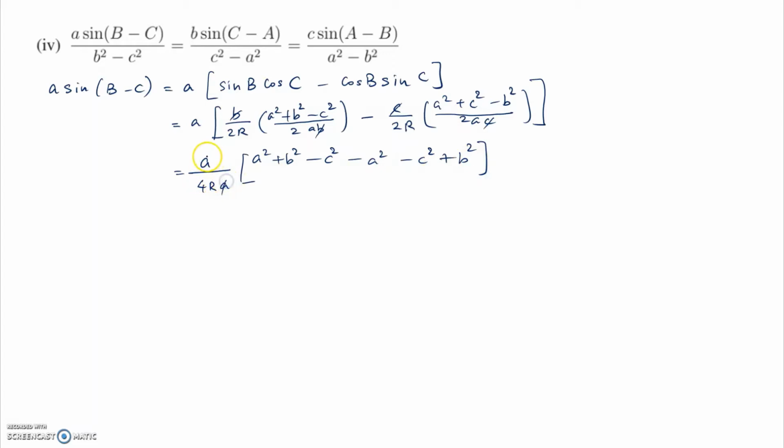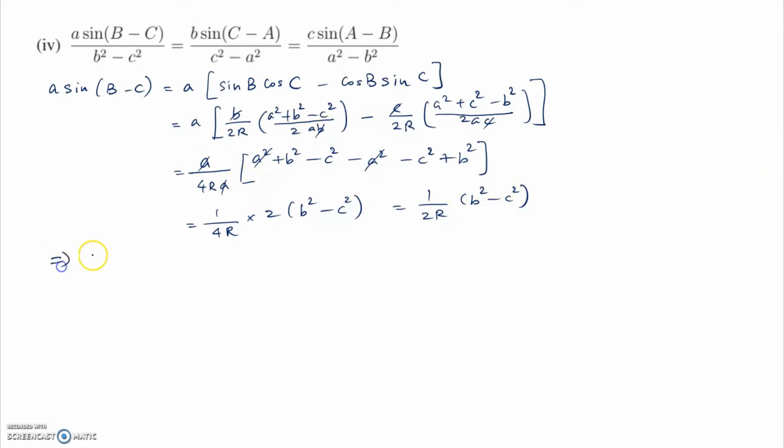A and A again will be cancelled. So, it is 1 by 4r into, cancelling the common terms, a squared and a squared will get cancelled. So this will be 1 by 4r into 2 times b squared minus c squared, which is nothing but 1 by 2r into b squared minus c squared.